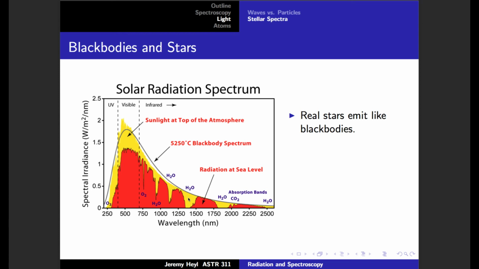If we look in the infrared, you can see water absorbs infrared radiation, also carbon dioxide. And that's why water and carbon dioxide act as what we call greenhouse gases. They absorb infrared radiation.